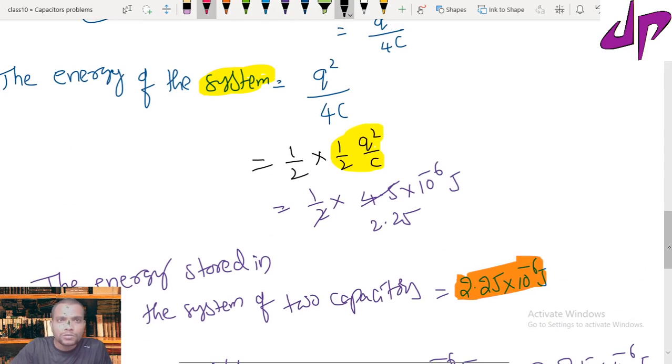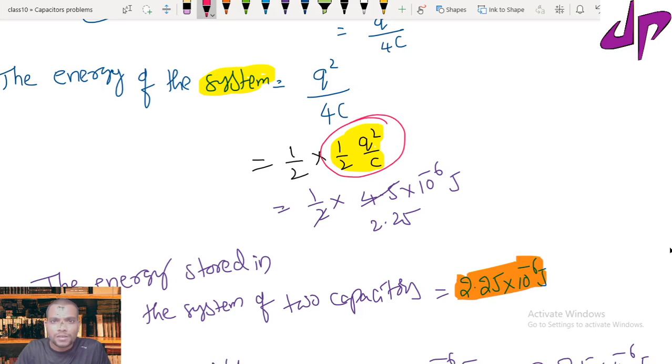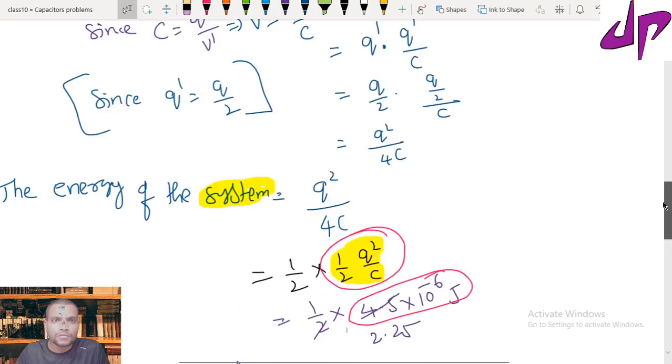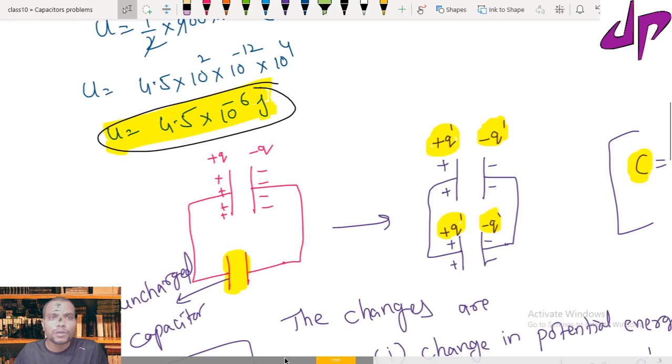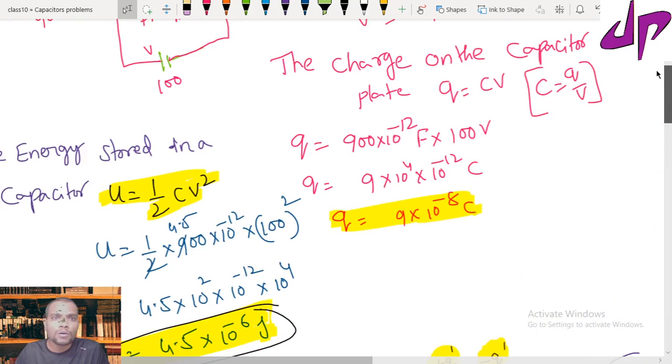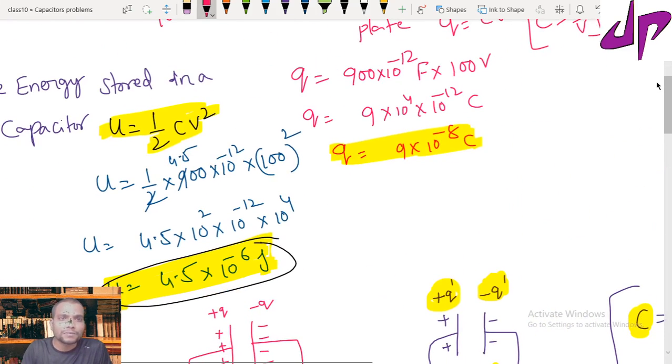One thing I want to say is that in the place of half q square by c, I have taken this value directly from the above expression, from the first expression which I solved earlier. But if you notice, here I solved it for half cv square.